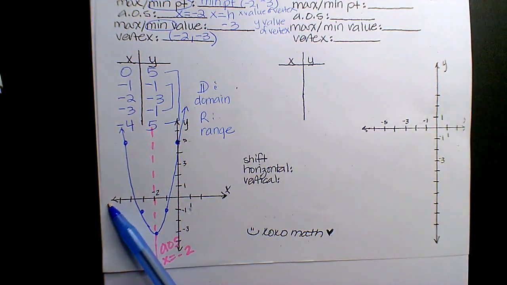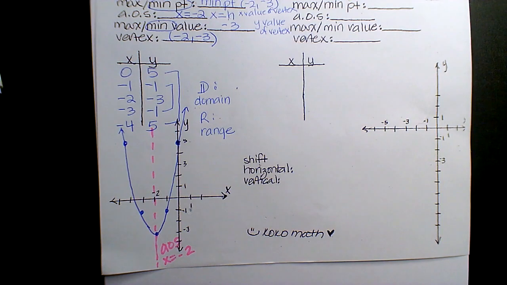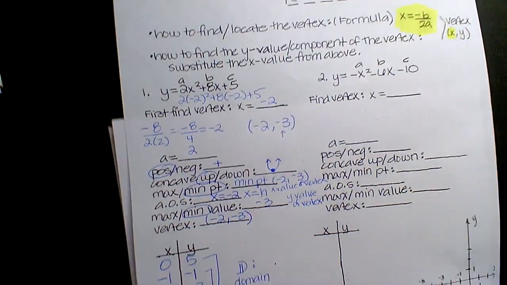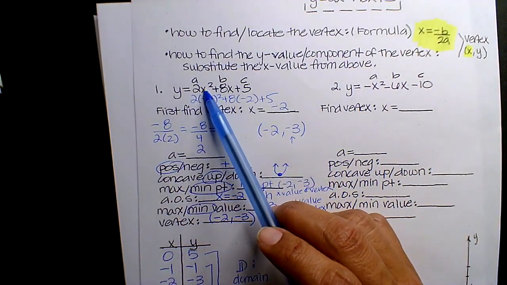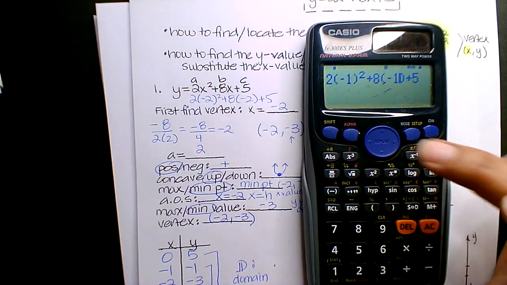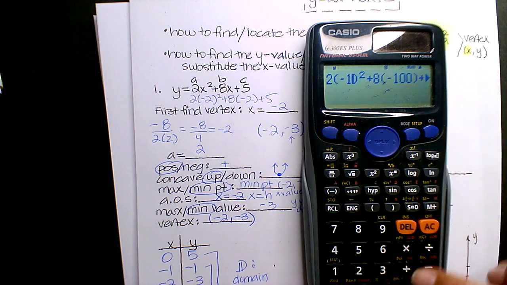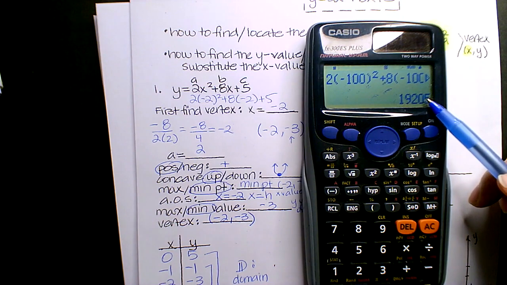Do you guys remember what the domain was here? Do I have any restrictions on what value I can substitute x into the function? So look, I can plug a negative number into here, right? I can plug in -1. I can plug in -100. And I will get a number. It's going to be a big number, but I get a number.